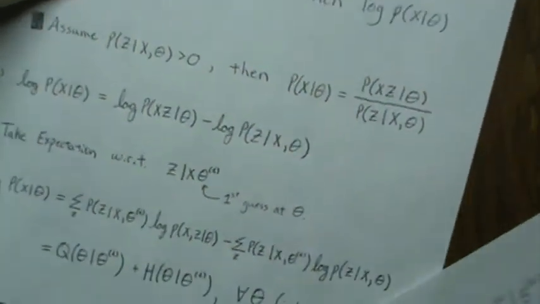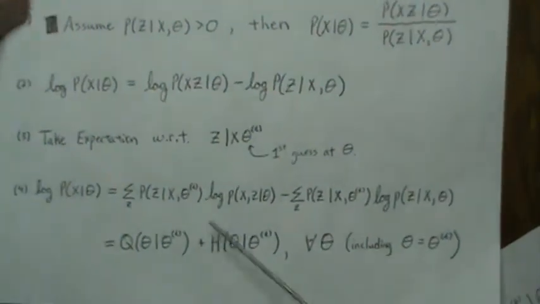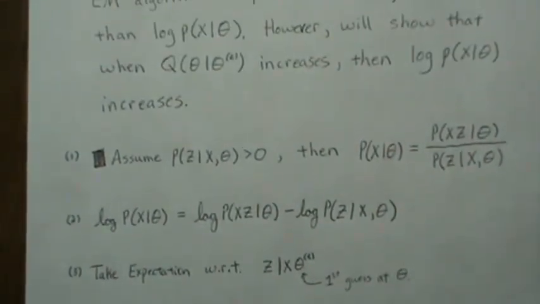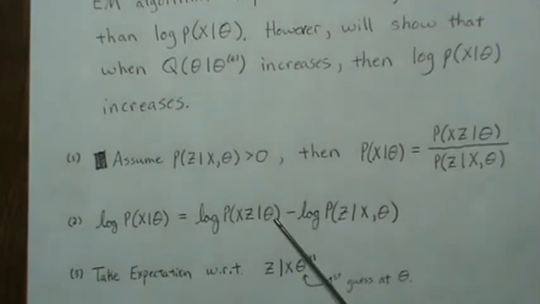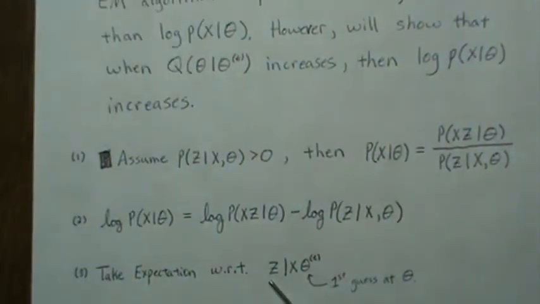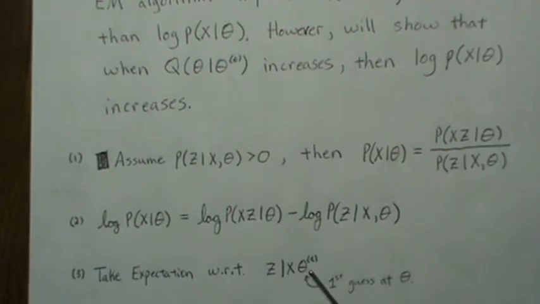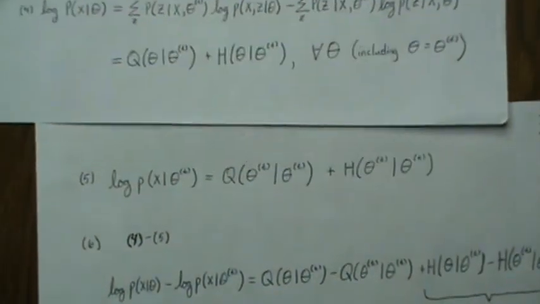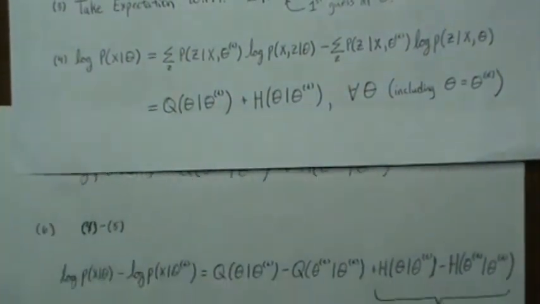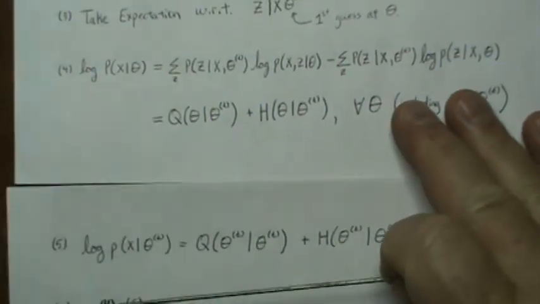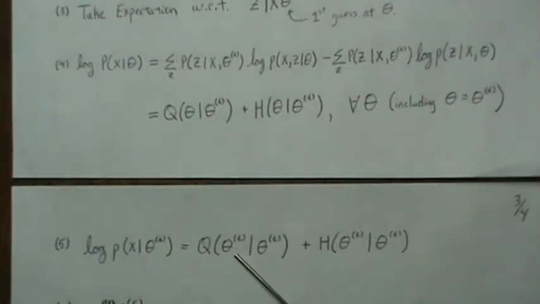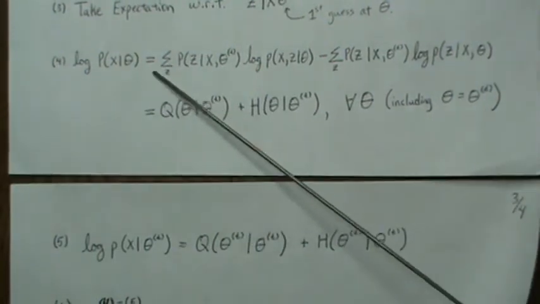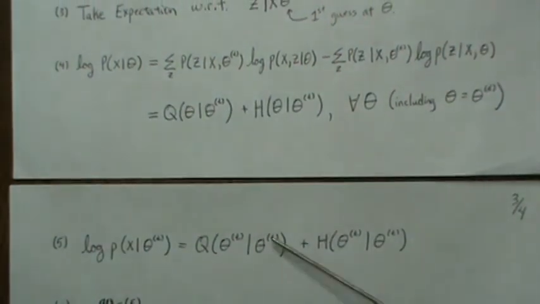So if we repeat this step, instead of theta we put theta t, and then we take the expectation with regard to this value. We're going to get the same thing back, except instead of using theta, we use theta t. So here's theta t.